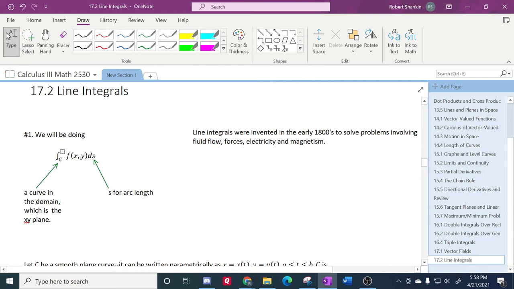It could be like a circle in the xy plane or a parabola in the xy plane, something like this. And then we'll be taking f, it's a 3-space function, z equals f of xy, and then ds, where s is for arc length.